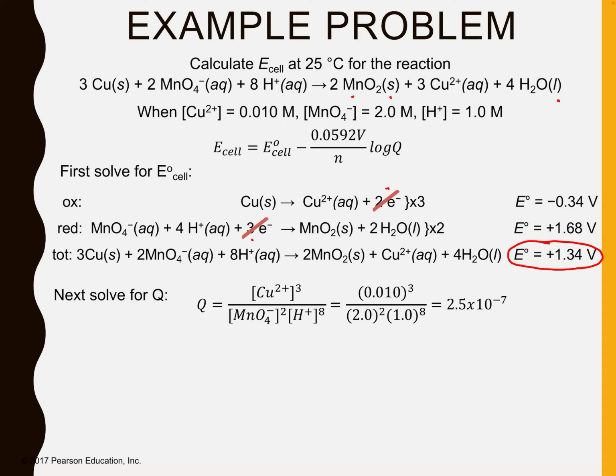I do want to pause here just before I forget. When you're calculating Q, here all of our reactants are aqueous that we are including, right? We're not including solids, we're not including liquids, but we would include gases if they were here. And so if you come across a problem where you have both aqueous concentrations and partial pressures from gases, if your partial pressure is in atm, you can use it in the Q calculation just the same as you would molarity.